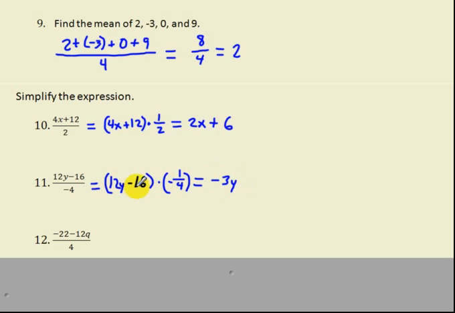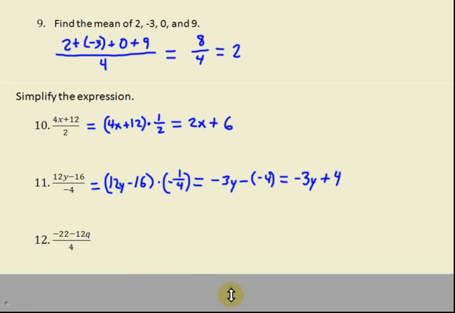And then we have minus, but now we have 16 times negative 1/4, so that's negative 4, which we're going to rewrite now as negative 3y plus 4. So subtracting negative 4 is the same as adding 4.